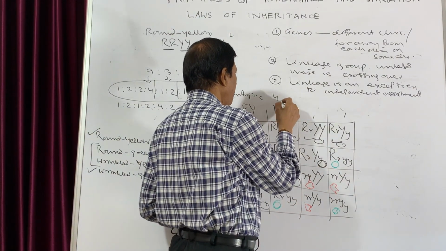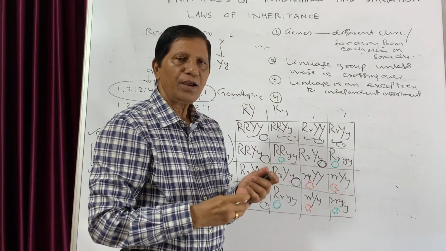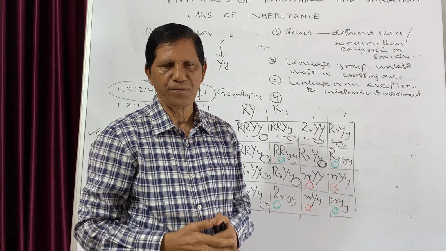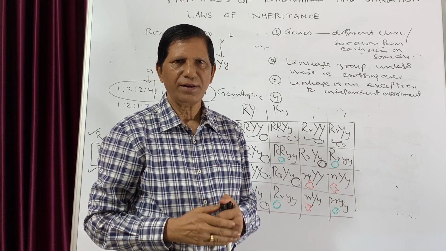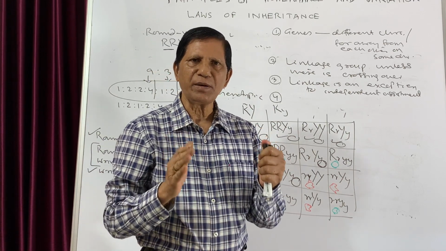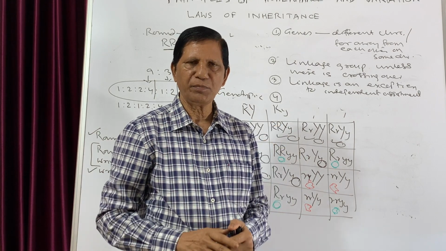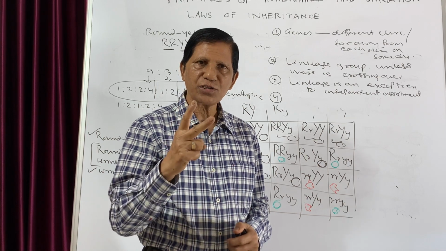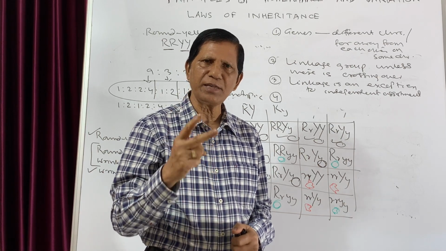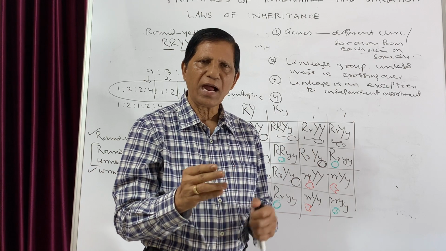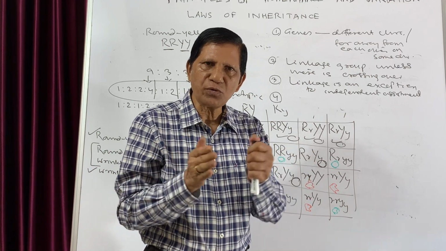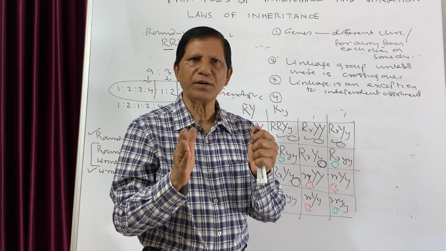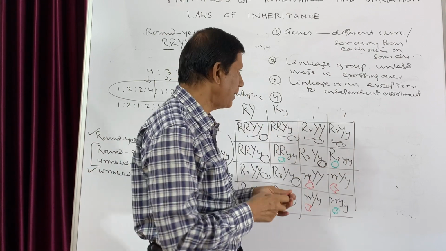Now, another very important thing. We have discussed in one of the videos that Mendel was lucky. Why? Because when Mendel took 7 pairs of contrasting characters, they are present in 4 different chromosomes. And 2 such pairs of characters are present in the same chromosome, placed very close to each other. But Mendel never took that pair of contrasting characters. So what are they?